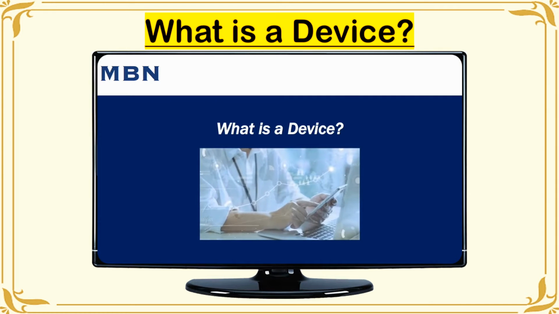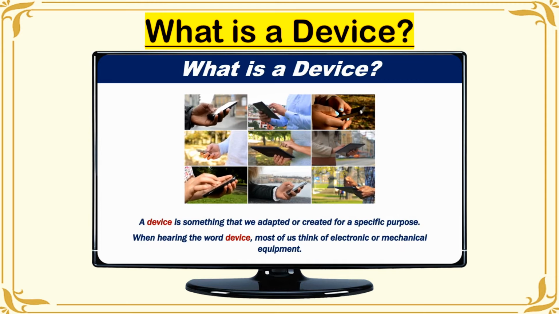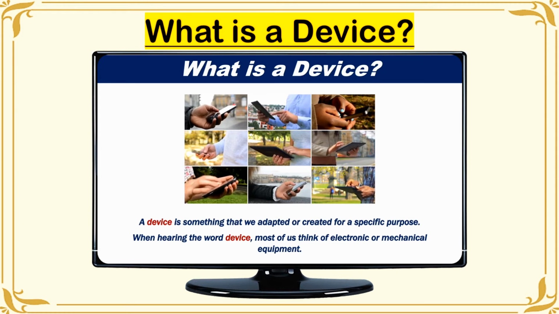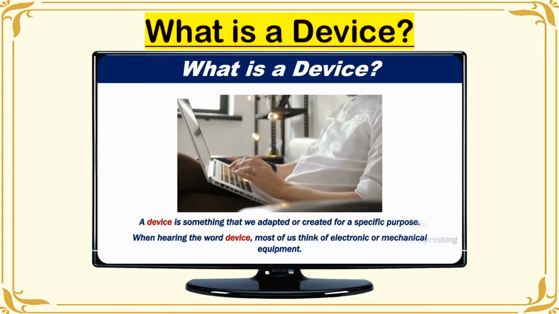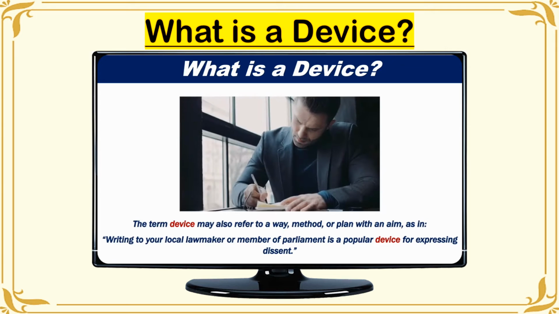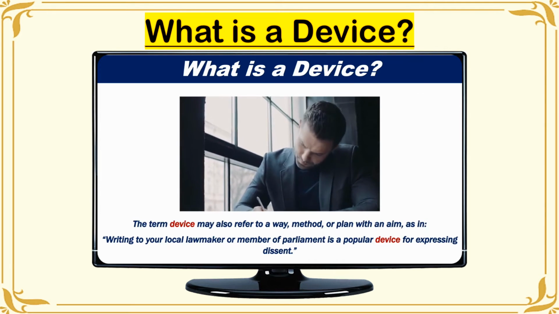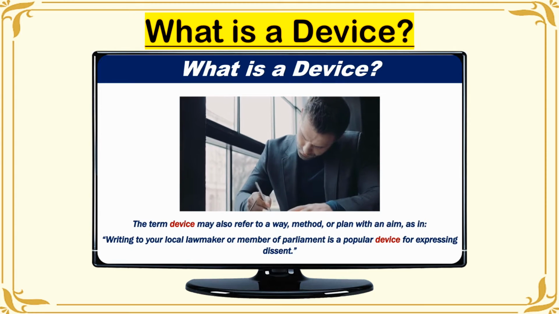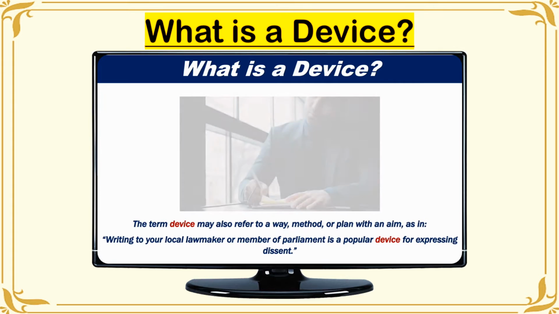What is a device? A device is something that we adapted or created for a specific purpose. When hearing the word device, most of us think of electronic or mechanical equipment. The term device may also refer to a way, method, or plan with an aim, as in writing to your local lawmaker or member of parliament is a popular device for expressing dissent.